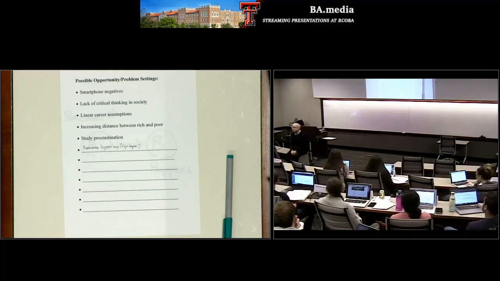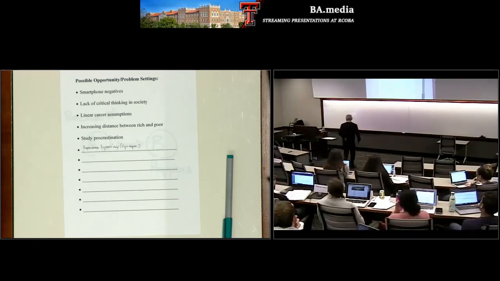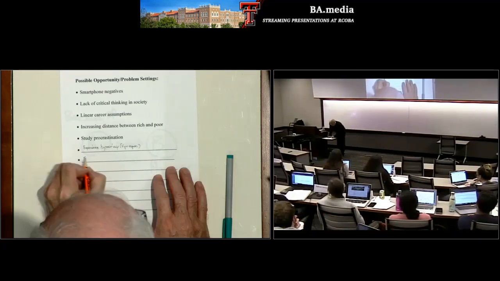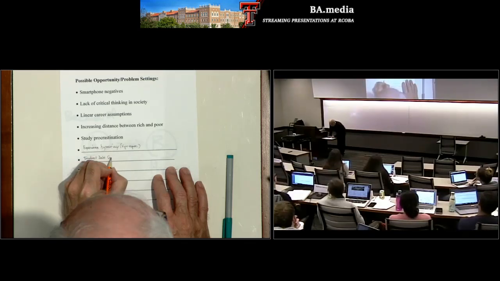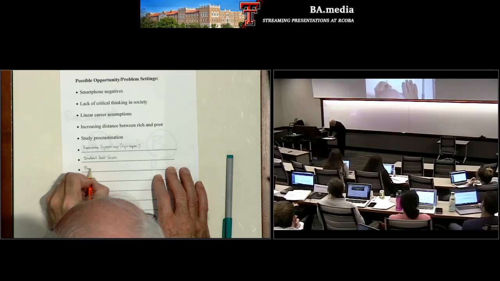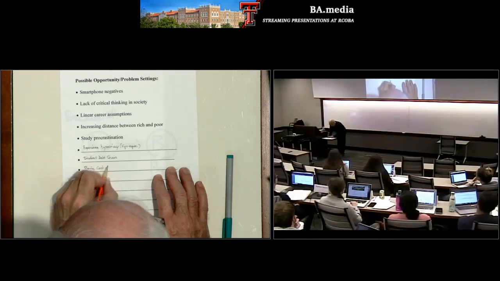And the rising price of college education. Yeah. Student debt. Student debt crisis, rising cost of higher ed.